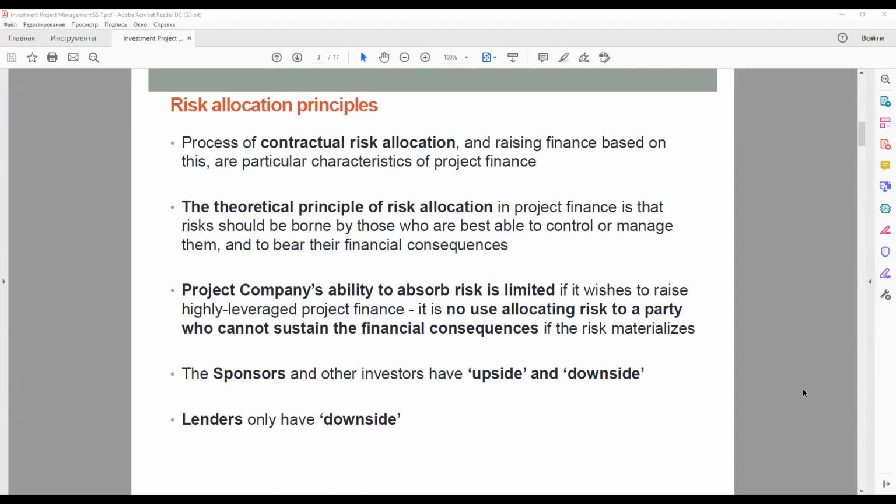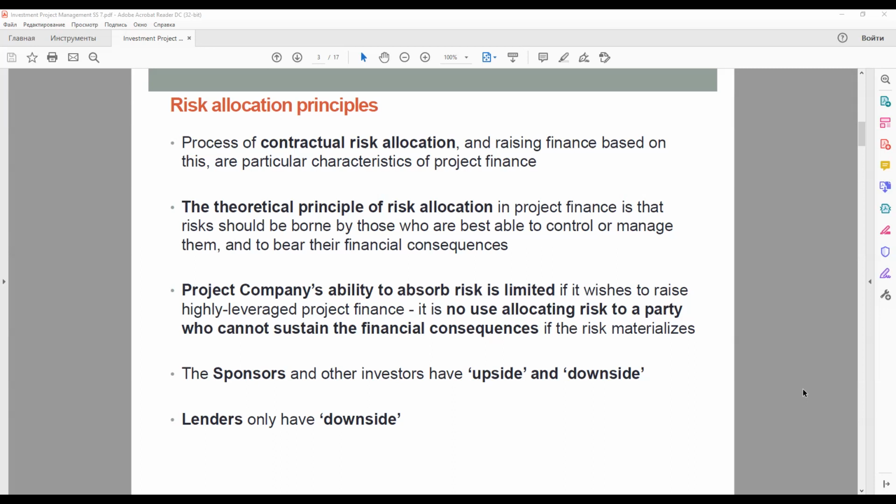As to risk allocation between sponsors and lenders, one basic fact has to be kept in mind. Sponsors and other investors have upside and downside. That is, if the project goes well, they will earn a better return on the investment, but if it goes badly, they may lose money.